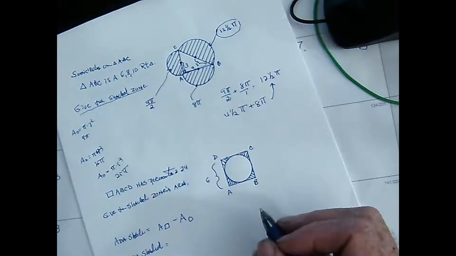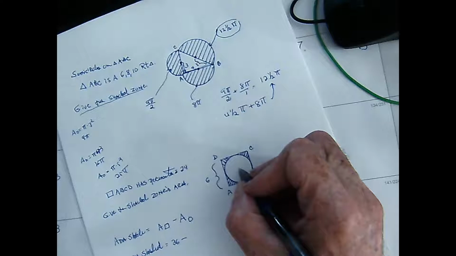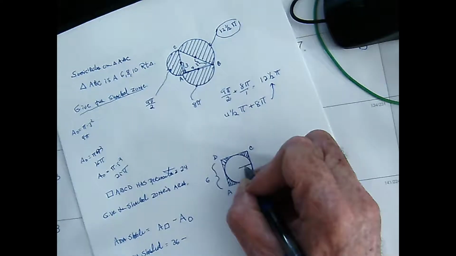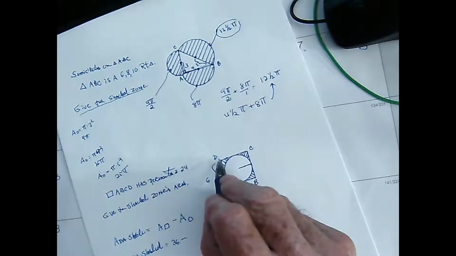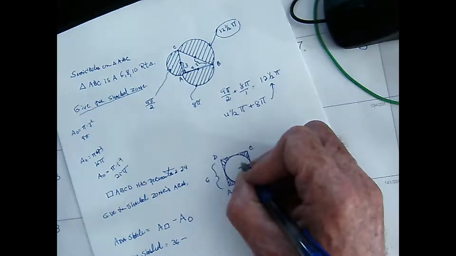The area of the square, well, it's a 6 by 6 square, that ought to be 36, huh? Minus, now what about the area of that circle? We'll need to know its radius. I believe that the diameter, the distance all the way across there, is 6. The diameter of the circle would be 6, so the radius is 3. So what's the area of that circle? 9 pi, huh?